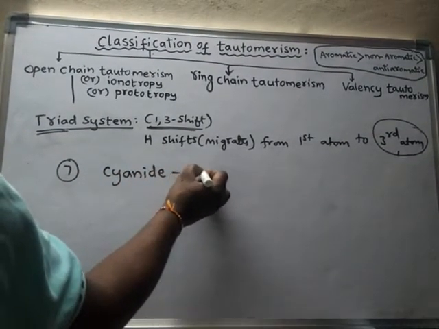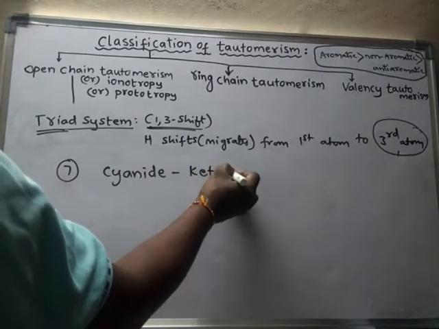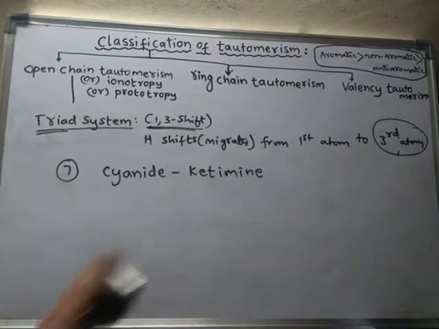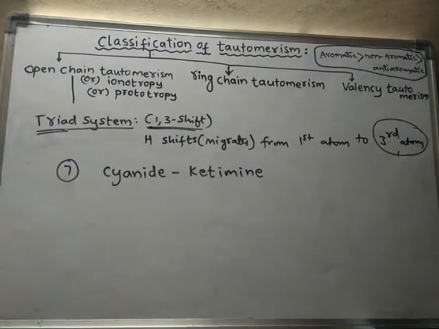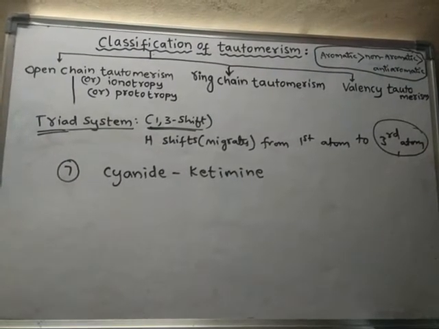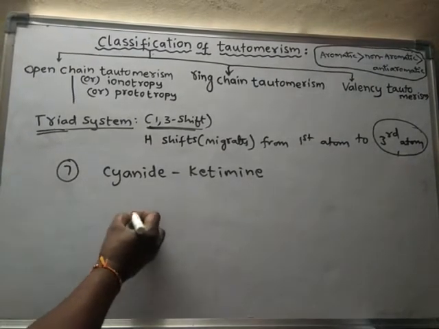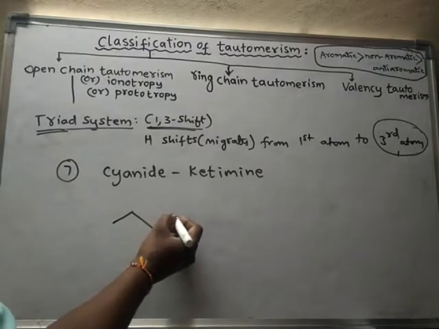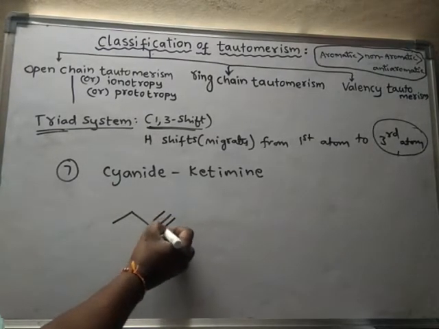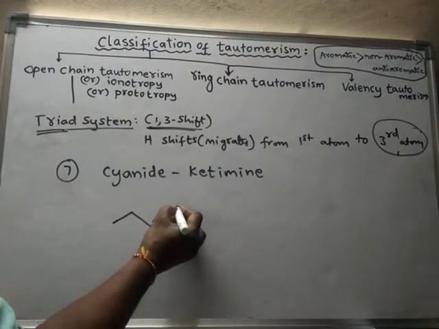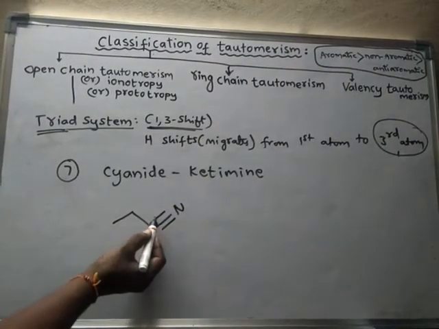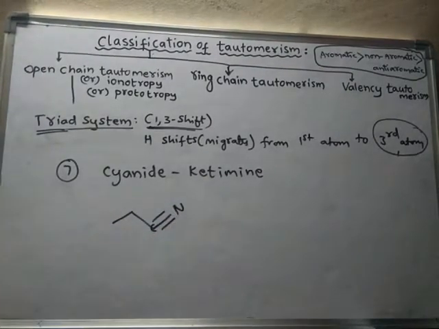Cyanide and ketimine are examples of another type of isomerism. Look, as an example we'll see. Cyanide means between carbon and nitrogen there will be a triple bond.